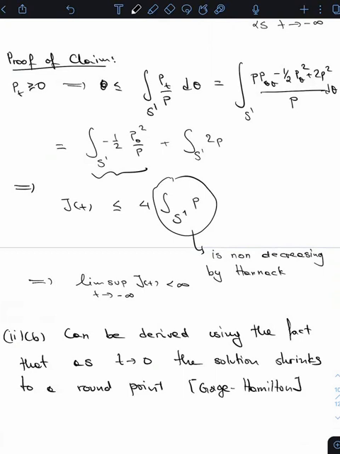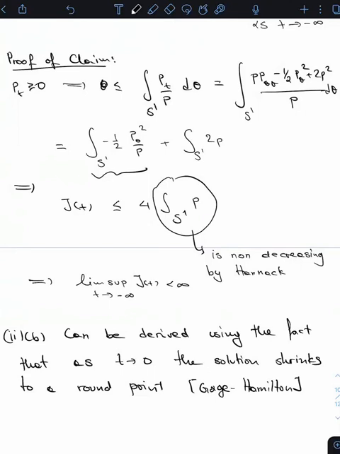Without being too technical, the point here is that not only do we know that the solution shrinks to a point, but we know the rate at which it shrinks. As we let t go to 0, everything collapses to a point. But if we rescale, like zooming in on a singularity, we do get a shrinking circle as a blow-up limit.